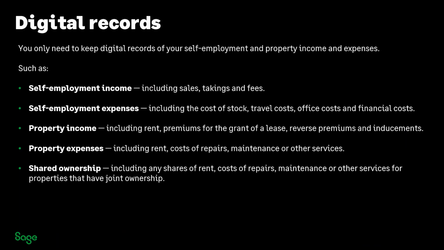For your self-employment, it will be the likes of sales, takings, fees, cost of stock, travel, office, and other financial costs. If you own a property independently or shared, you will be looking at recording rent, lease fees, reverse premiums, inducements, cost of repairs, maintenance, and potentially other services.